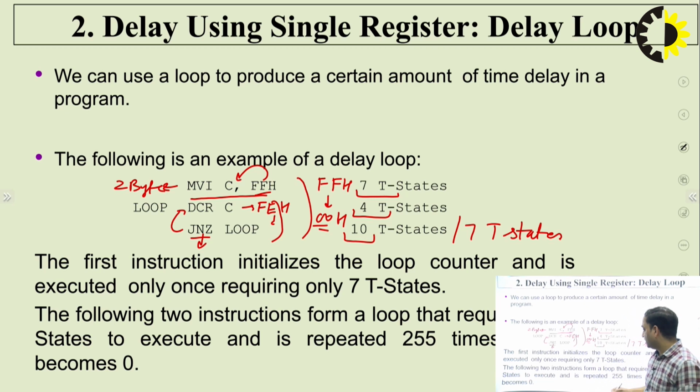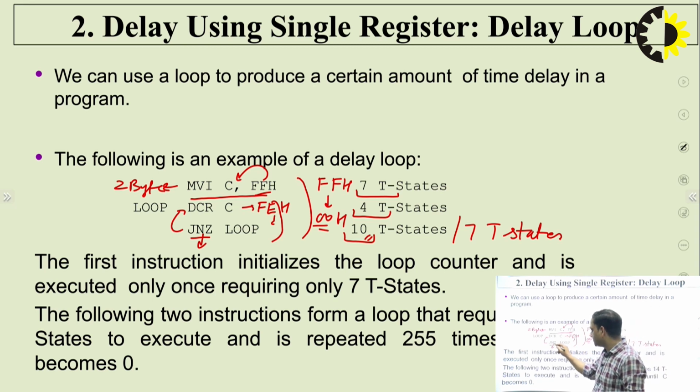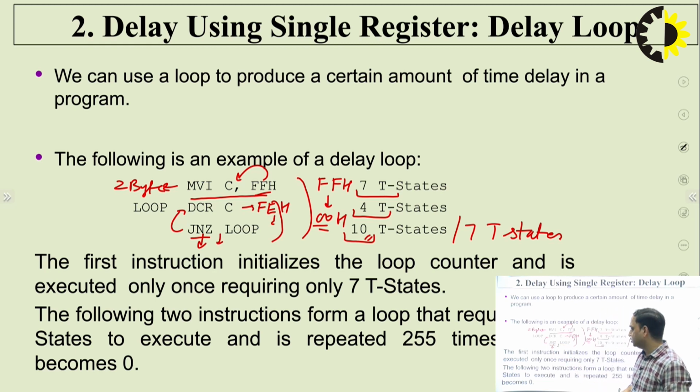This is a very important point to keep in mind. If it executes without the loop failing, it requires the full 10 T states. But in the last cycle of JNZ, when the condition fails, that is, when the value becomes 0, it will come out of the loop, and in that last cycle it requires only 7 T states.